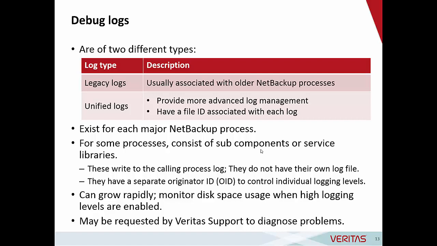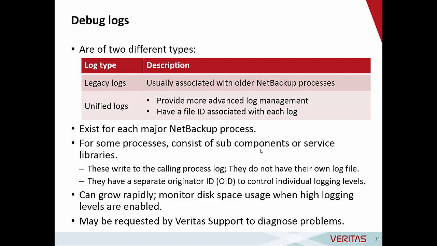The unified logs have a set of command line utilities that can be used for reading and managing the logs. It addresses a complaint that we had gotten from customers coming into this big change in version 6. Can you please do something to help us out with these logs? They're consuming a lot of disk space, and we're having difficulty managing them.